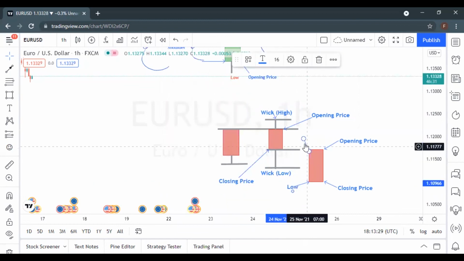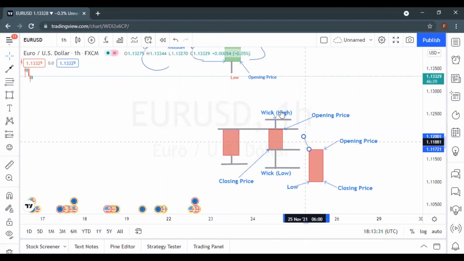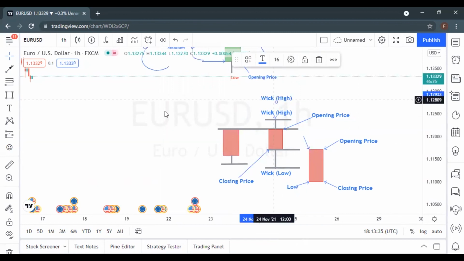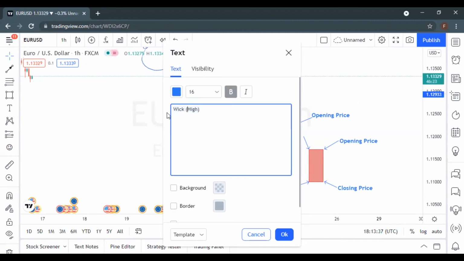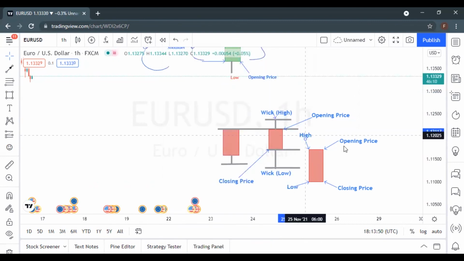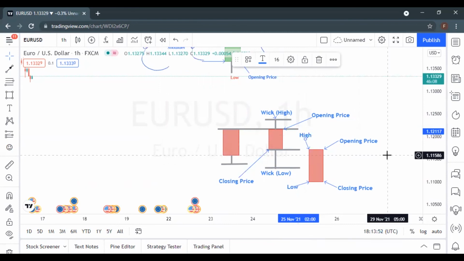Then this is our high. So this is how the candlestick charts are formed.